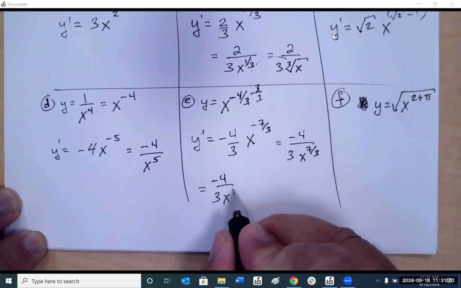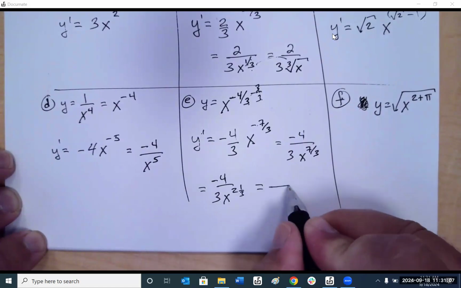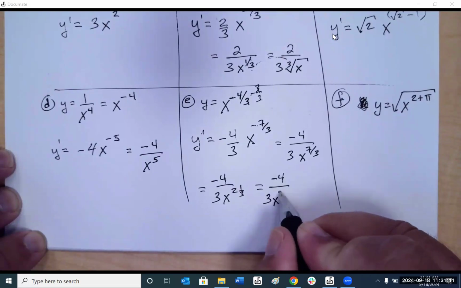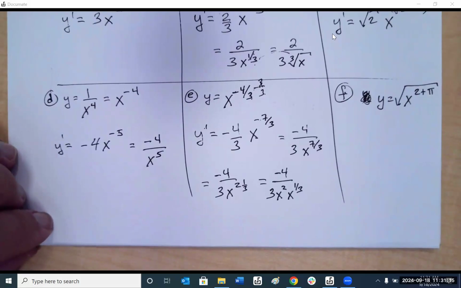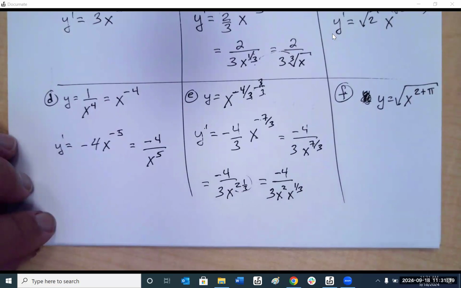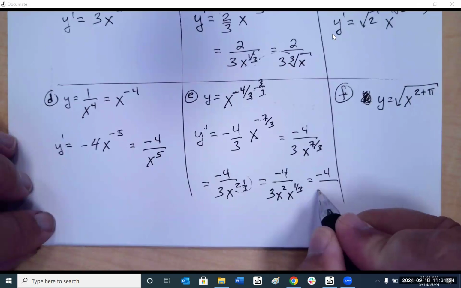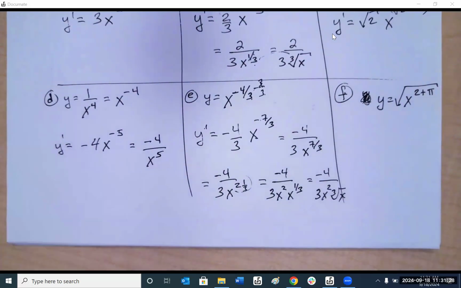So 3 goes into 7 twice with 1 left over, which is x squared times x to the 1/3, because I can distribute that, which is -4 over 3 x squared cube root of x.